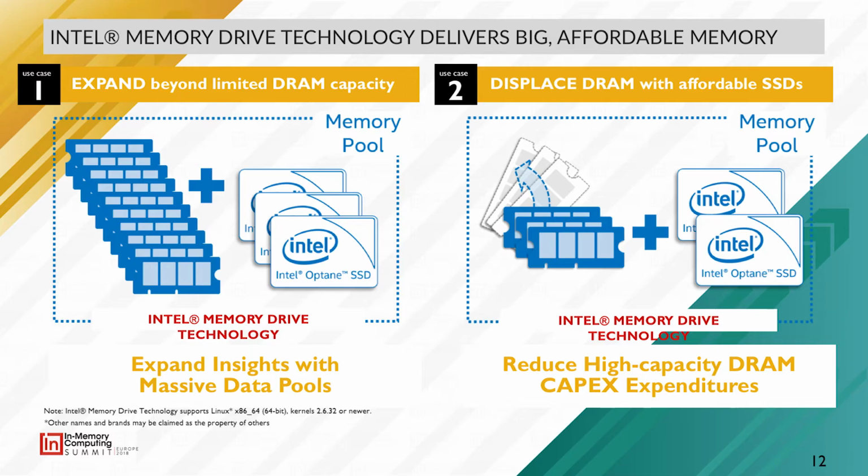Again, like I mentioned, there is no change to the software stack, no change to the Linux OS or the applications or the programming layers, no change to the hardware; it runs on bare metal or is loaded from the OS before the BIOS. And two different usage models, right? You can either expand your limited DRAM capacity, going beyond your 3 terabytes of DRAM, or you can actually displace DRAM.